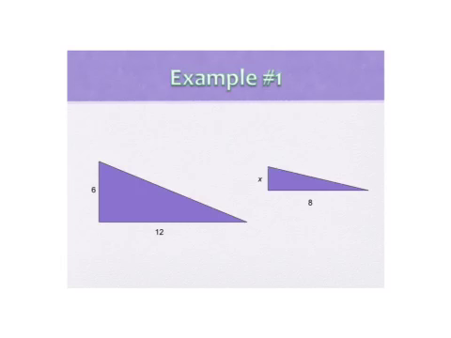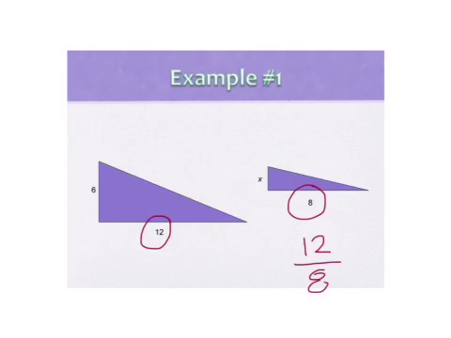All right, so let's do an example. We're going to make a ratio out of our corresponding side lengths, okay? So I'm going to start over here. I have my base. So 12 is my first side length I'm going to deal with, and then corresponding to that is 8. So I'll go 12 over 8.